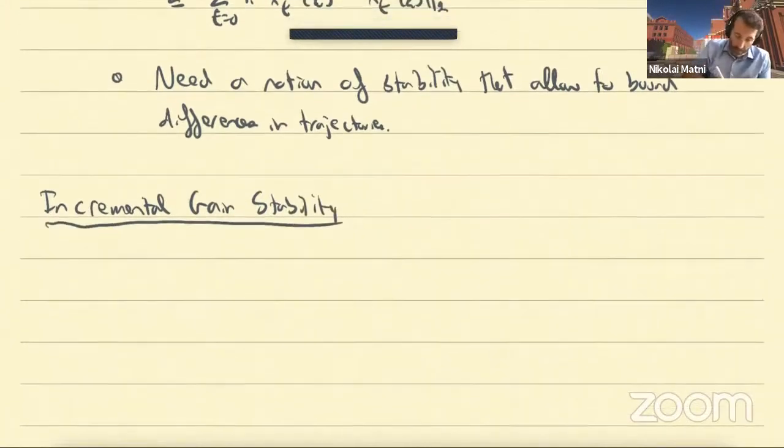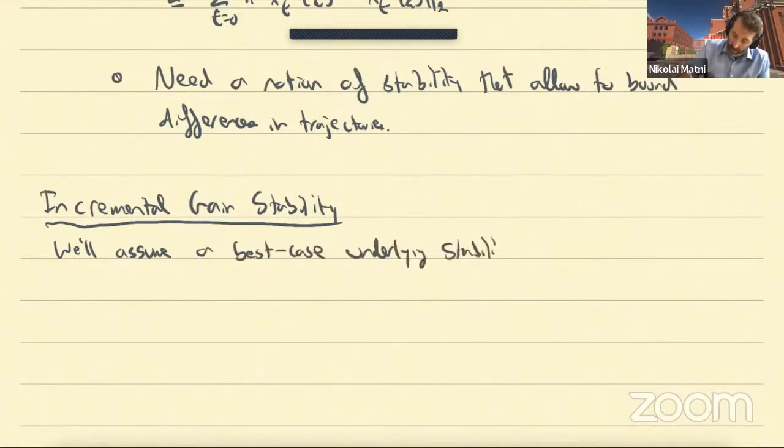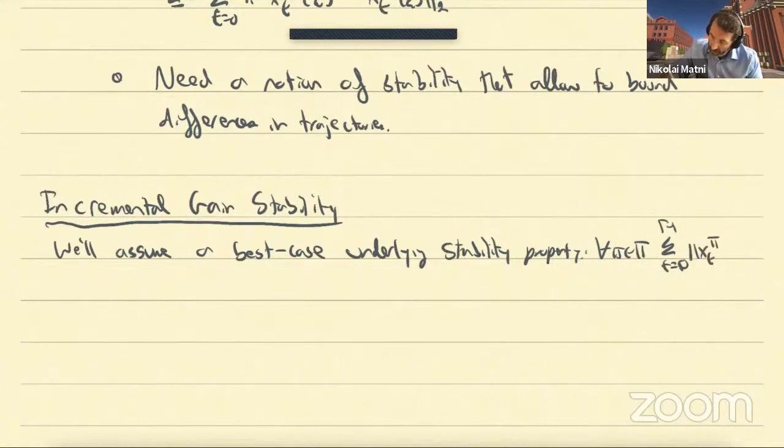So we'll assume a best case underlying stability property, which is just that, for all pi and pi, we'll assume that the sum of the norm of the trajectory of the points is bounded by order constant, right?